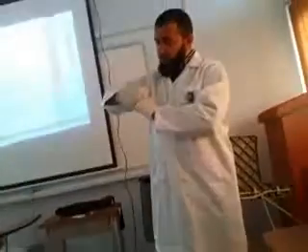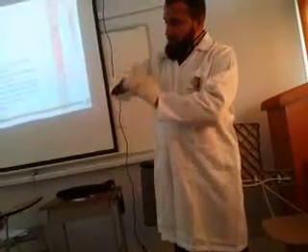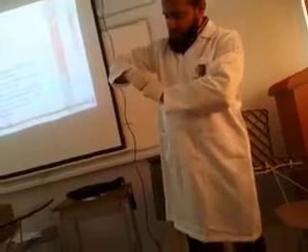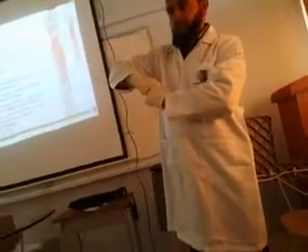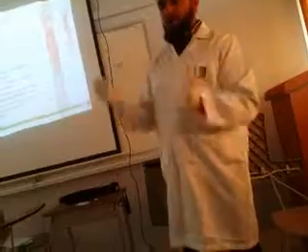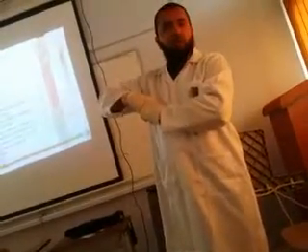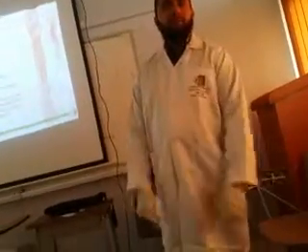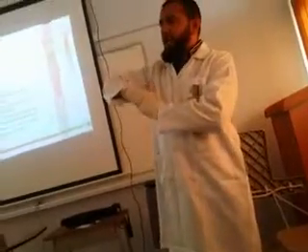To prevent that, there is something called locking. Whenever the femur comes to extension, it suddenly locks on the tibia. So now all the muscles are relaxed and you are standing on the bone. This is called the locking.